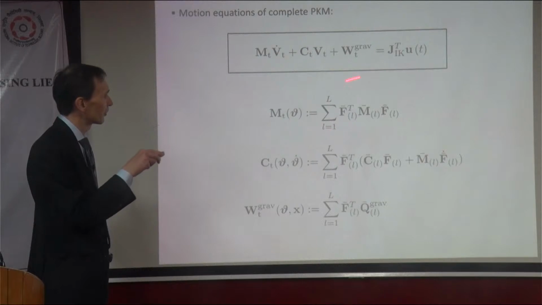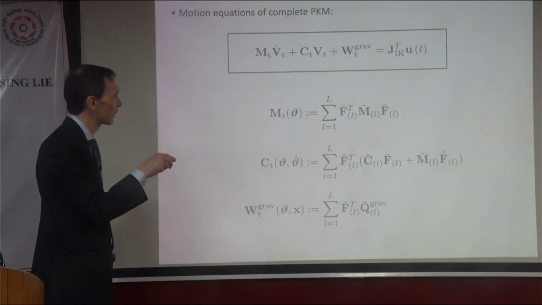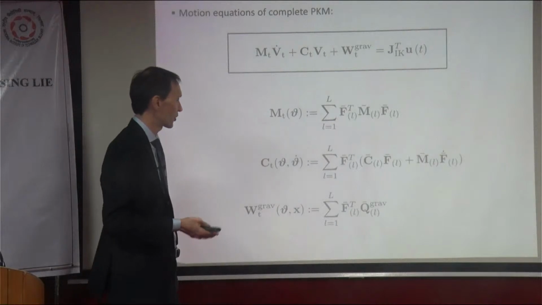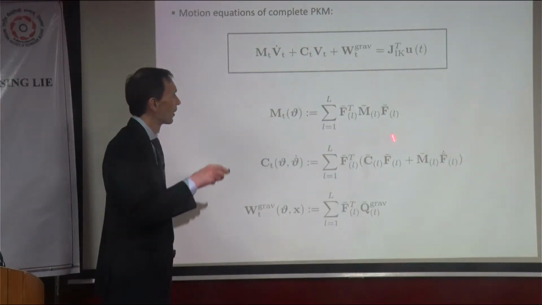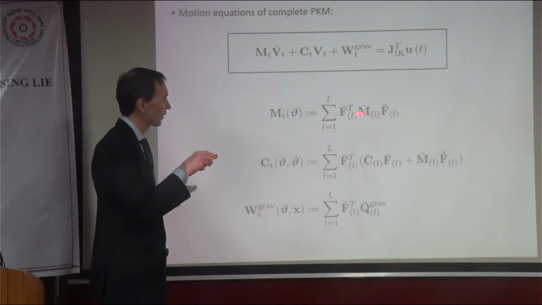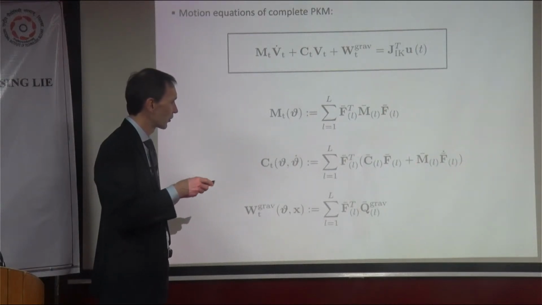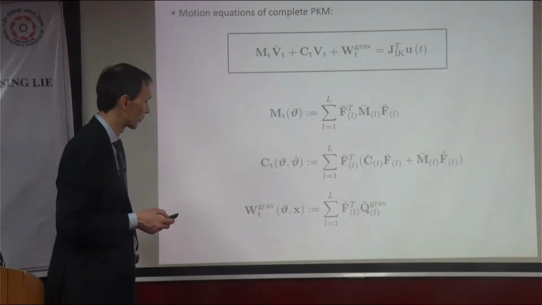And of course we have this form here again, which is a generalized mass matrix. It is of course symmetric, and it is also positive definite. Then you have these terms here; they all look structurally the same as we had before.